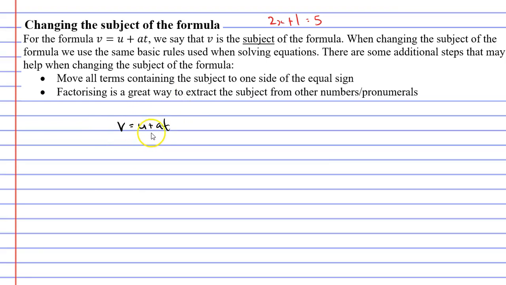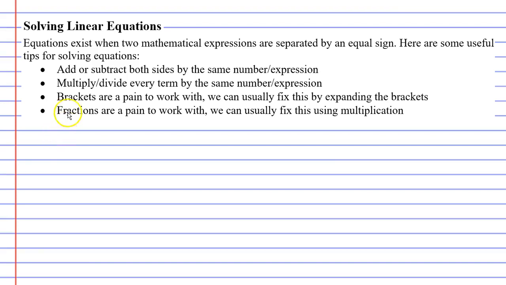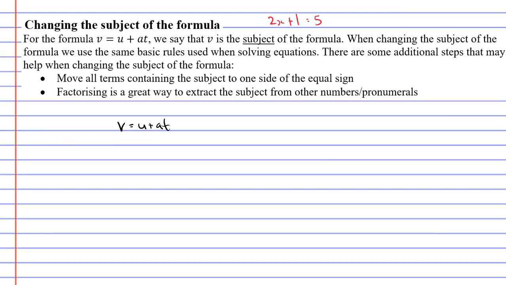Now, coming back to this formula, we want to change it so that the subject is u. Now, one of the rules or tips that we learned when solving equations is that you can add or subtract both sides by the same number or expression, and that's what we're going to do here. I'm going to subtract the same thing on both sides of the equal sign. I'm going to subtract at because that's going to isolate u and leave it on its own on the right side of the equal sign.